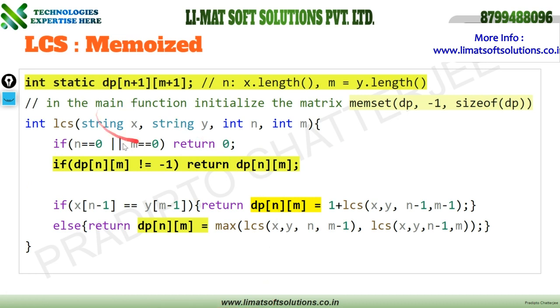You can see I am doing the same condition checking, and before the recursive case, I am just checking whether the value is present or not. For that purpose I have this -1, because I have initialized all the cells of the matrix with -1. So -1 represents that the cell has no value, so we have to calculate it.